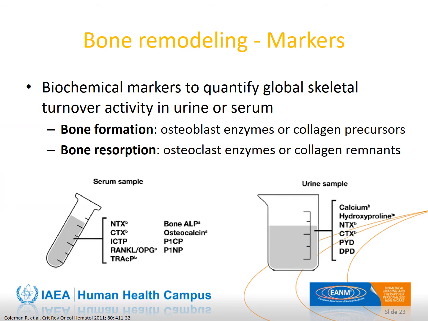From a clinical point of view, it can be interesting to quantitatively monitor bone turnover. For that purpose, a number of biochemical markers have been characterized, mainly consisting of enzymes or precursors and remnants of collagen. Bone turnover markers have been developed that can be detected both in serum or urine.